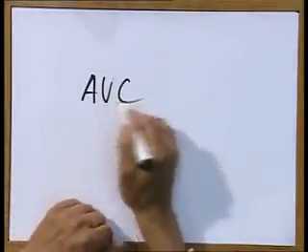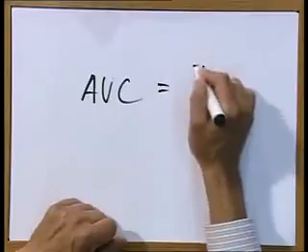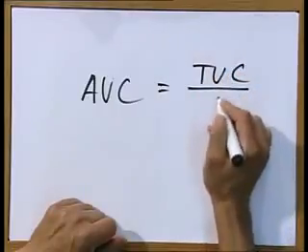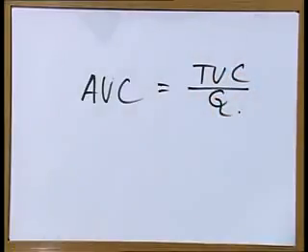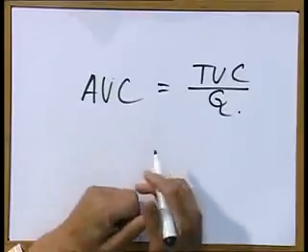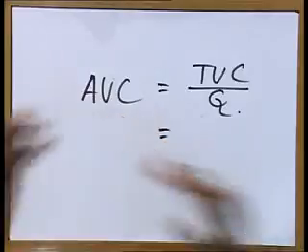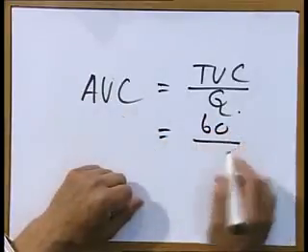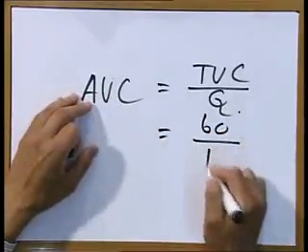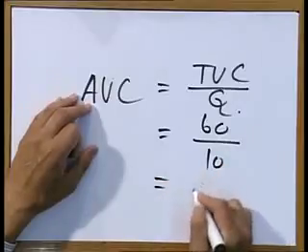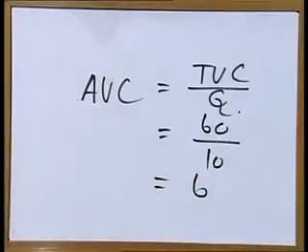That is the average variable cost. That is your total variable cost divided by the quantity, the number of units that you produce. So if your TVC is 60 and the number of units that you produce is 10, then your average variable cost will be 6 Rand per unit, right?